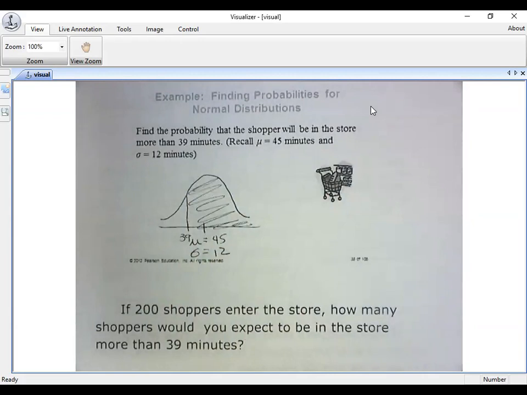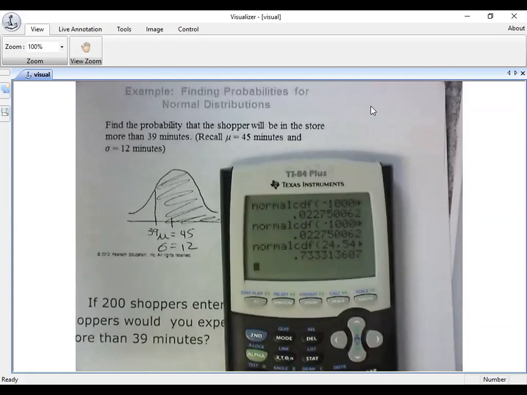Now, if you want to make it a z-score, you can do that. Look up that value in the table, but you better be sure you do what after you get that value out of the table? You got to subtract it from 1 because we're working with a right-hand shade. So let's see if we could do this without changing it to a z-score. If we go into second vars and we choose normal CDF, what would be my lower boundary for this situation? 39.